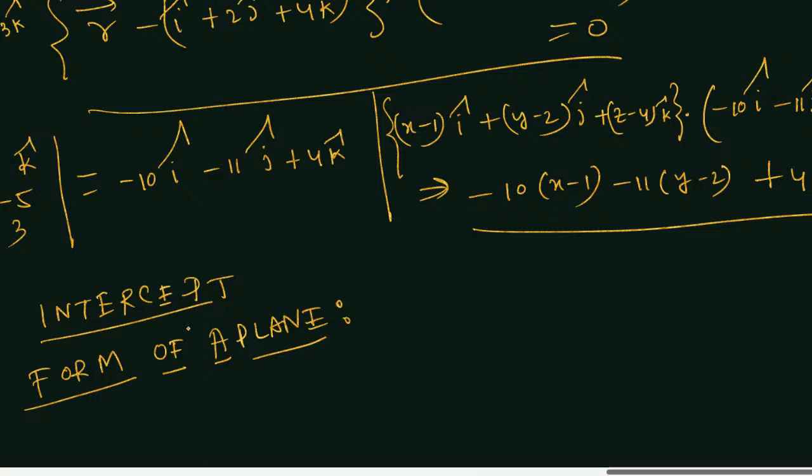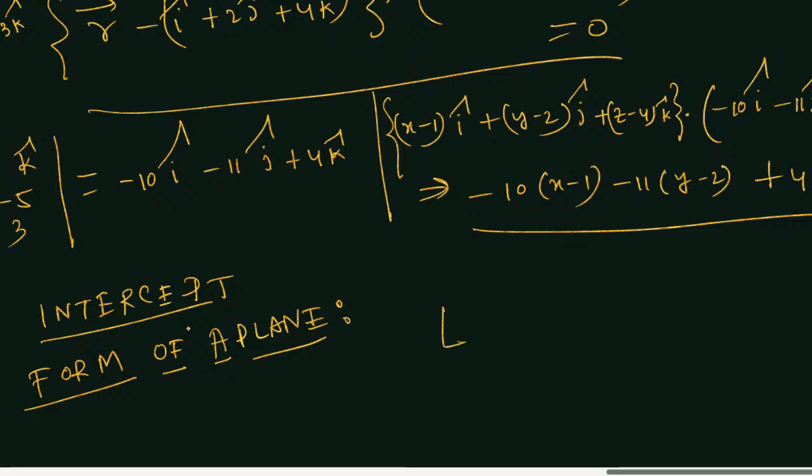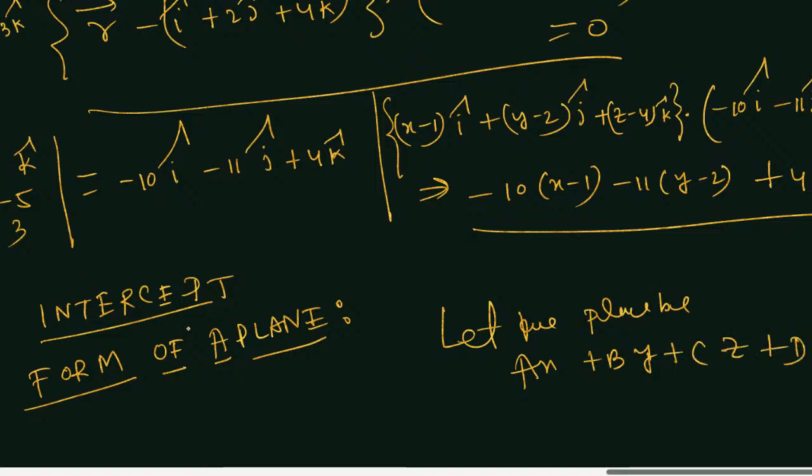Intercept form means with the x, y and z axis, whatever intercept it makes, that will be fine. So you start in this manner. Let the plane be ax plus by plus cz plus d equal to 0.